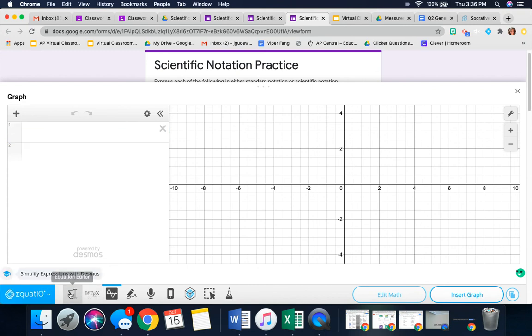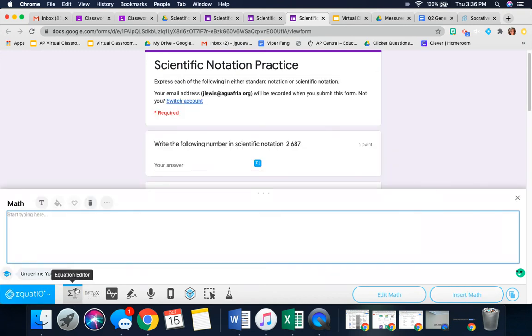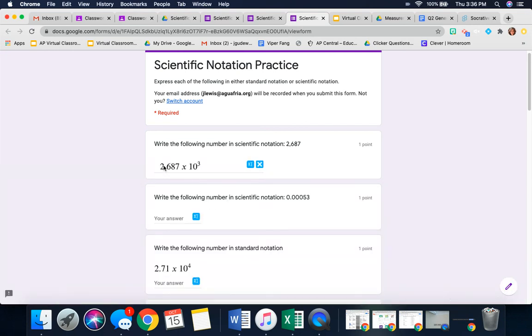You need to hit this right here. And then if I wanted to type 2.687, I could hit times 10 to the third. I hit all the same exact buttons, but now it's written in the correct form. If I want to do it this way, I can just hit insert math, then my answer comes up correctly right there as well.